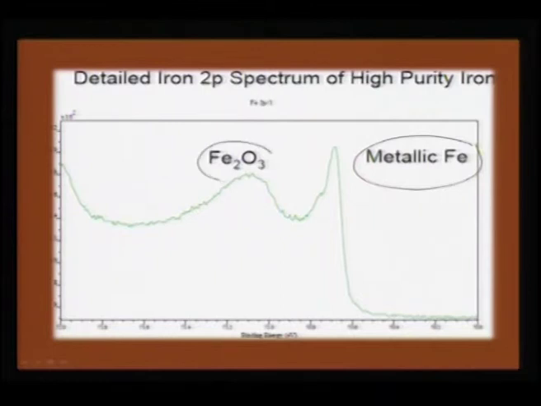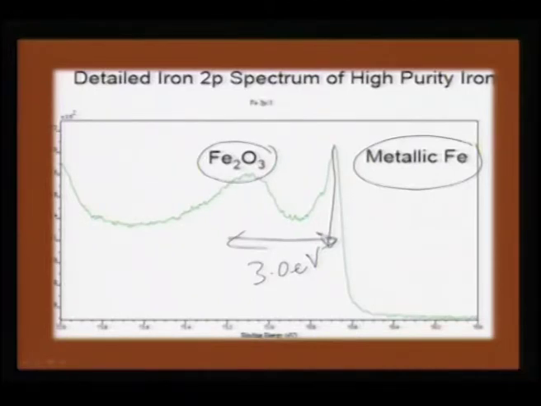The difference between the iron oxide Fe 2p peak and that of the pure metal is approximately 3 electron volt, and this suggests that the oxidation state of iron has shifted from 0 to +3.